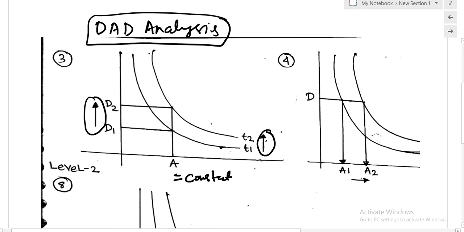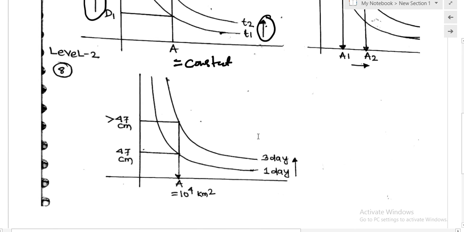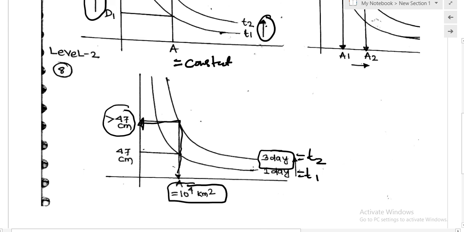So suppose this is T1, the first duration of rainfall, and the area is 10 to the power 4 kilometer square. Now the duration of the rainfall has changed to T2, which is 3 day. If you extend this, the depth of the rainfall will definitely be greater than 47 centimeter.